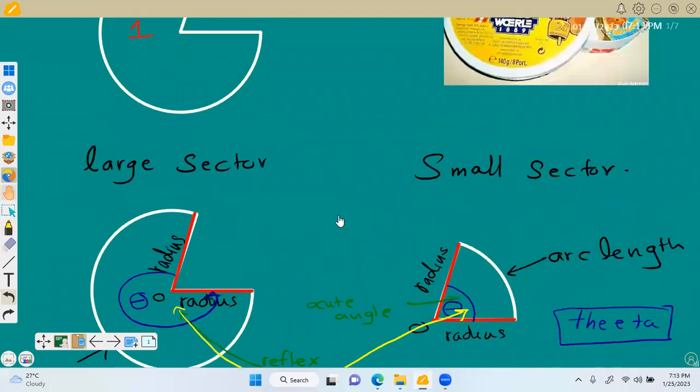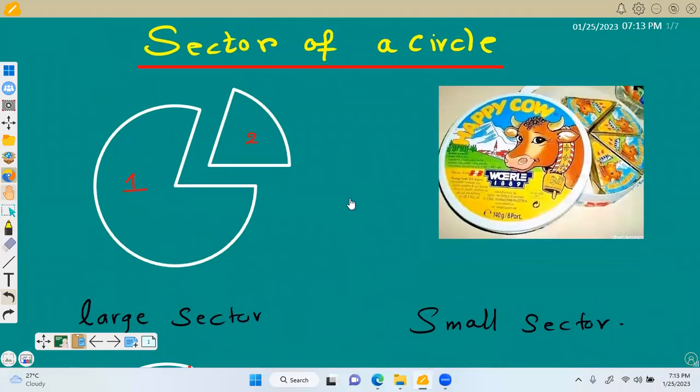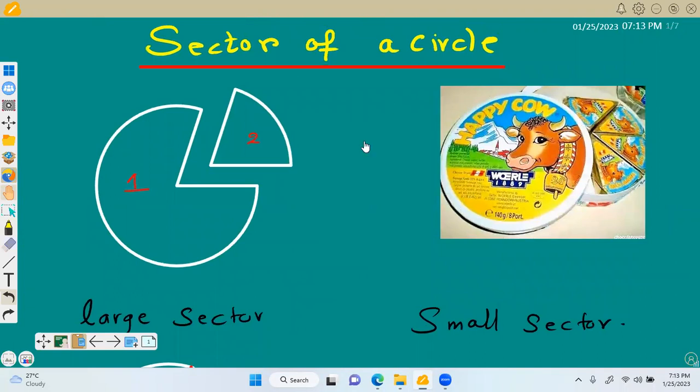I will just summarize again what we have done. Today we are going to discuss the sector of a circle. A sector of a circle can be remembered easily using what? Using a happy cow cheese piece. A piece of happy cow cheese. Then when we have a circle, we can cut along two radii.